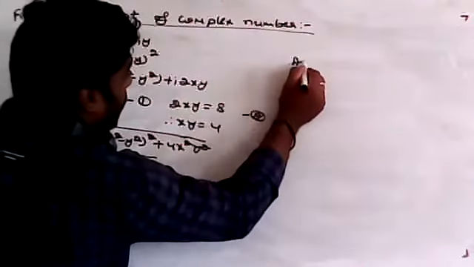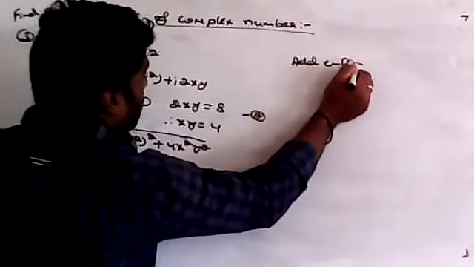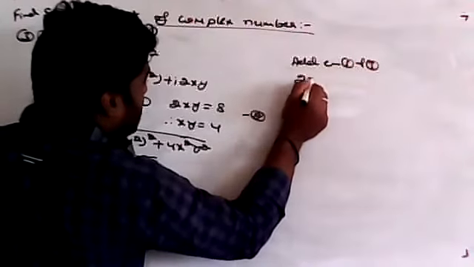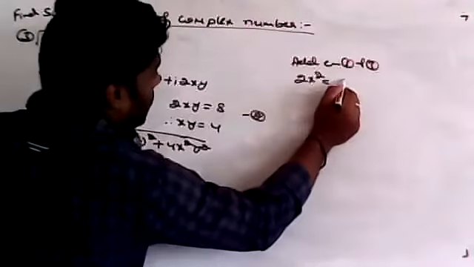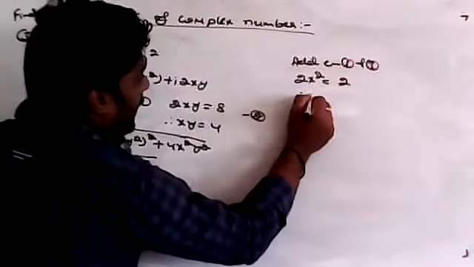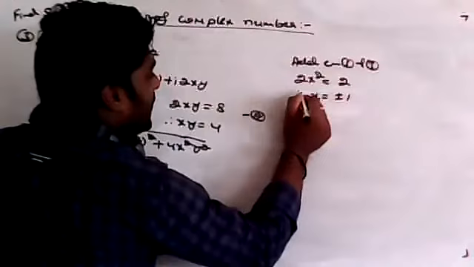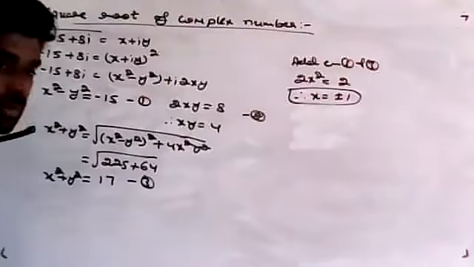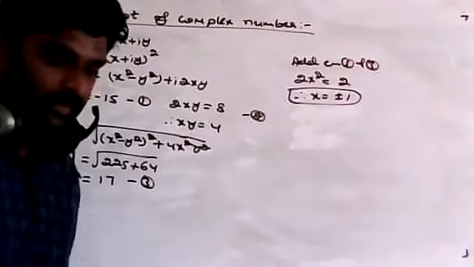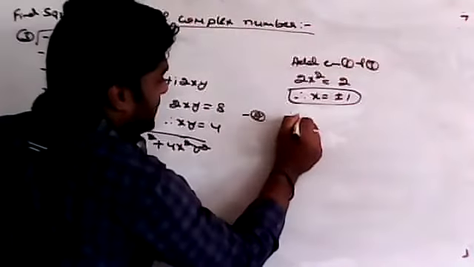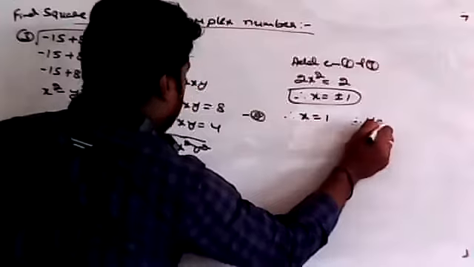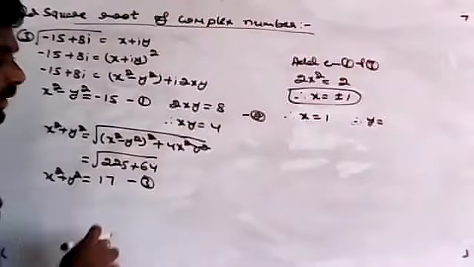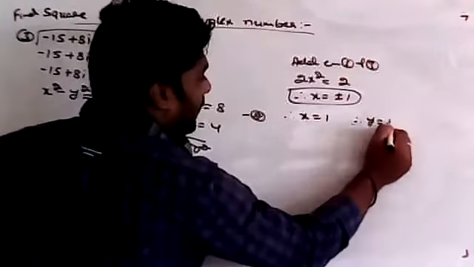Then we are adding equation 1 and 3. We'll get 2x square is equal to 2. So therefore, x equal to plus or minus 1. Remember. Then, when the x value is 1, the y value is 4.